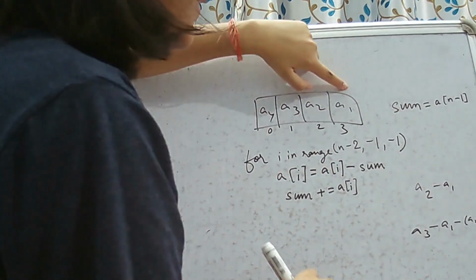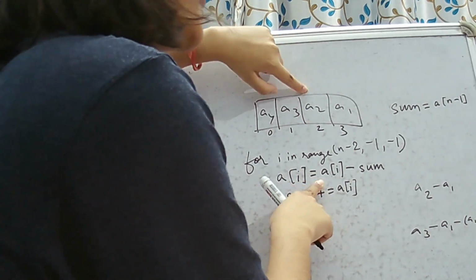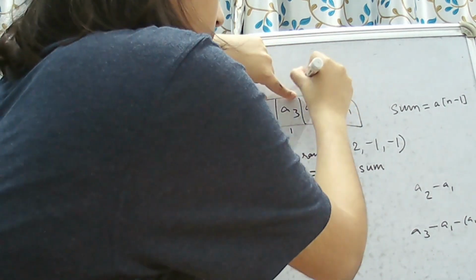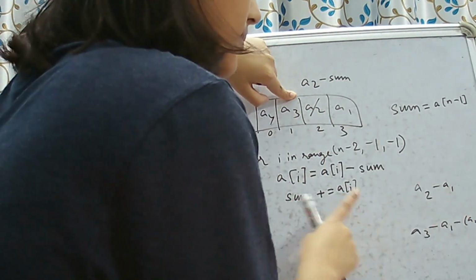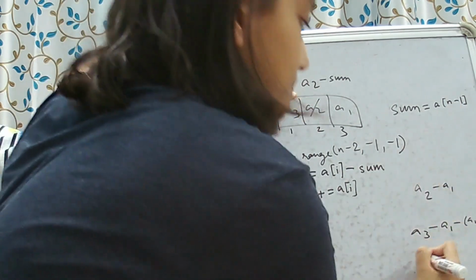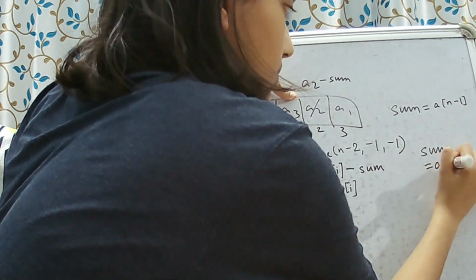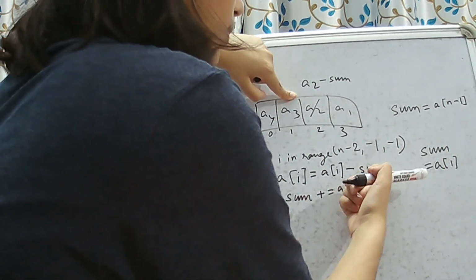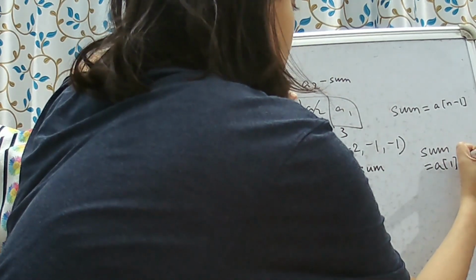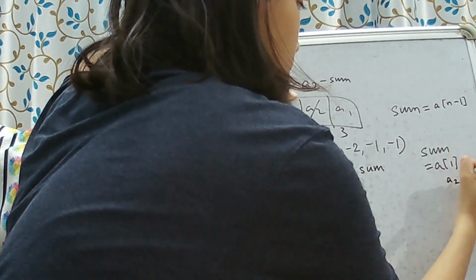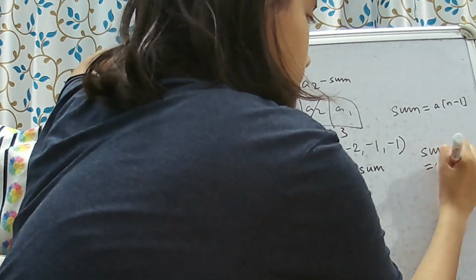When we come to the index right before the last index, we say, first time, that we change this number to A2 minus sum. And the sum for the first time is simply A1. And now you increment it to this. So sum now is sum plus A2 minus, this is A1, my bad.